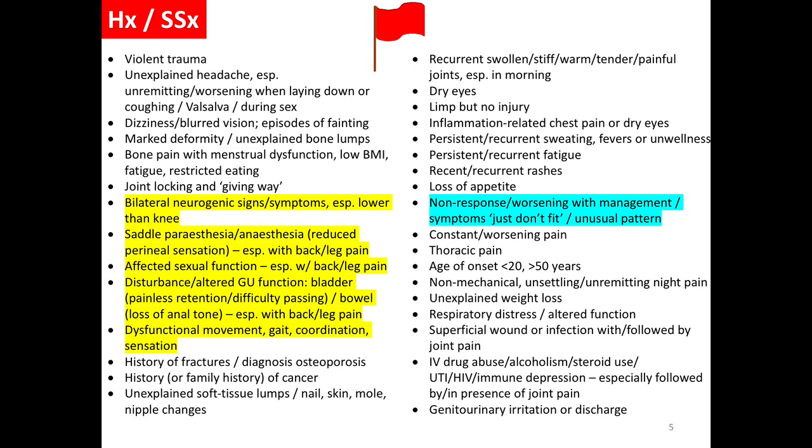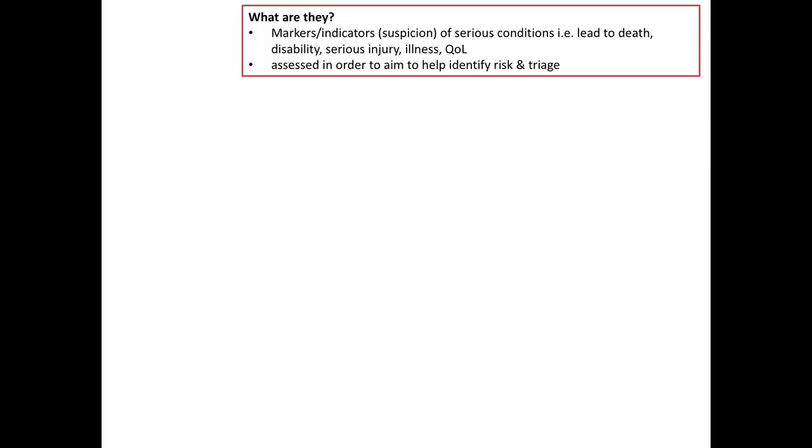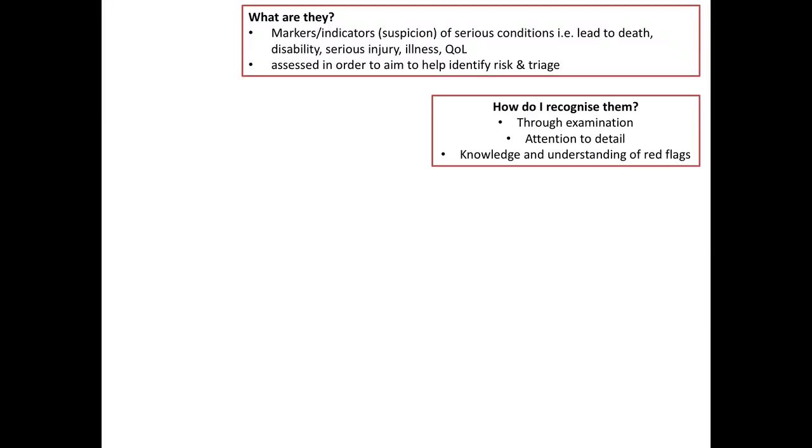So this kind of nail clubbing you can see here is maybe associated with things like inflammatory bowel disease, cardiovascular disease, liver disease, AIDS, etc. You don't have to remember all of those, but you need to know to recognise that it looks atypical. On the right hand side you can see some swelling around the joints that may indicate rheumatoid arthritis, and then down below some gross swelling in the calf and skin changes that may indicate a blood clot or deep vein thrombosis.